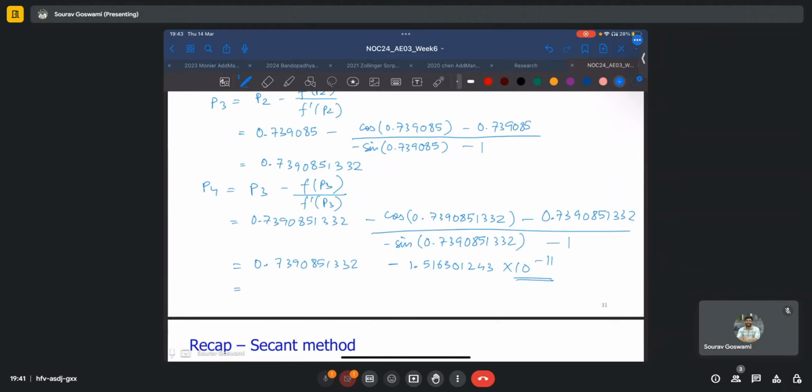So we'll just stop here at 51332. Cancel this, it is 739085133 itself. And thus we stop here, or we say that the method has converged. And this is a reasonably good approximation to the root.